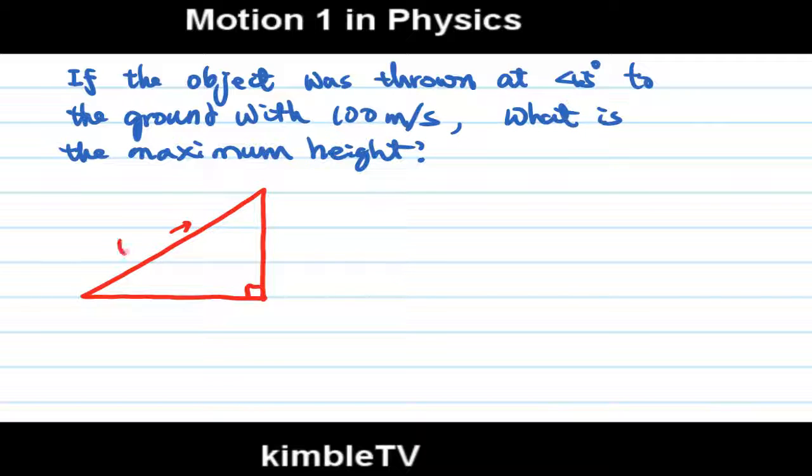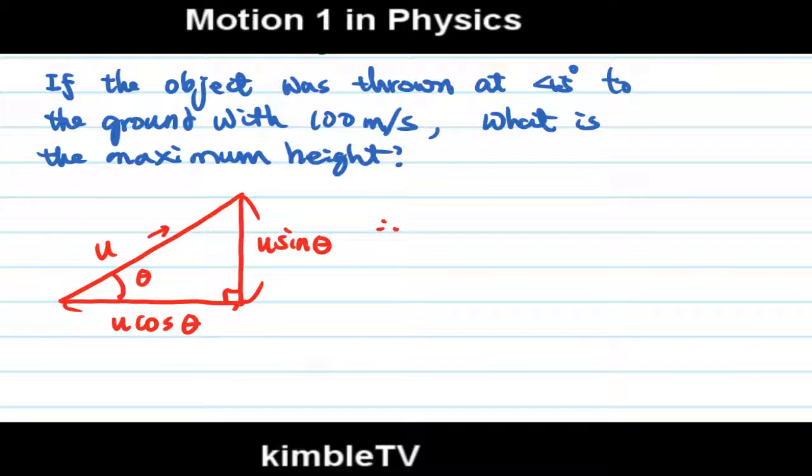This one initial velocity, and this one angle theta, and this is u cos theta, and this is u sin theta. And therefore, initial velocity 100 meters per second, and angle theta is 45 degrees.